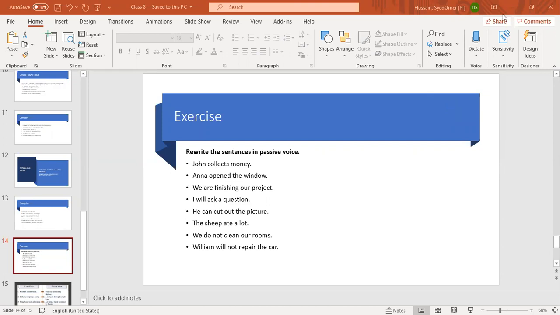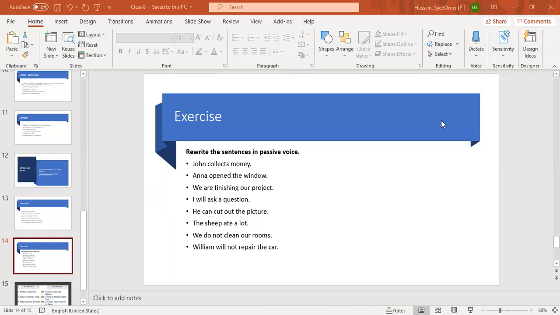Very good, Fatma. Now, Iman, third one. We are finishing our project. Our project is being finished by us. Very good. Our project, it is continuous, so we have to put being. Our project is being finished by us. Very good, Iman.